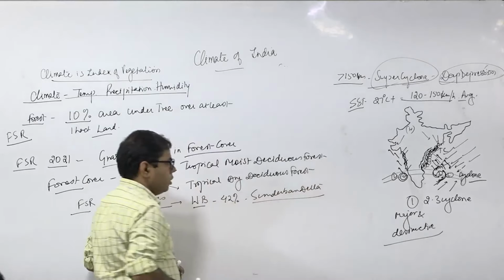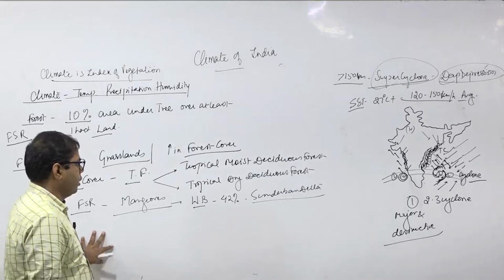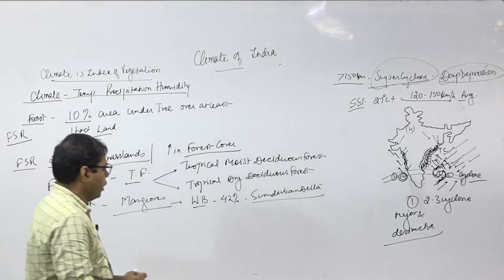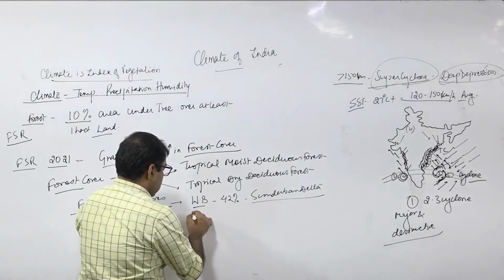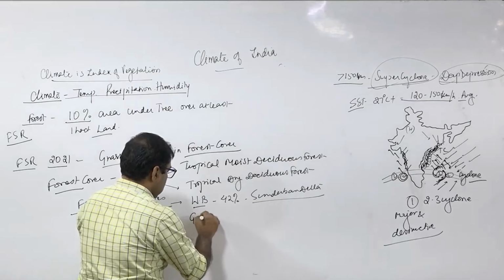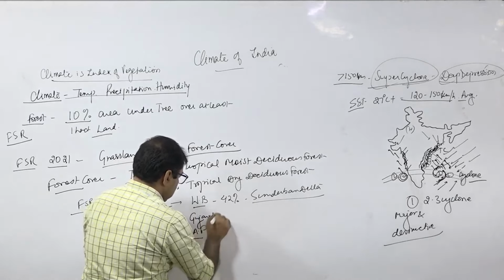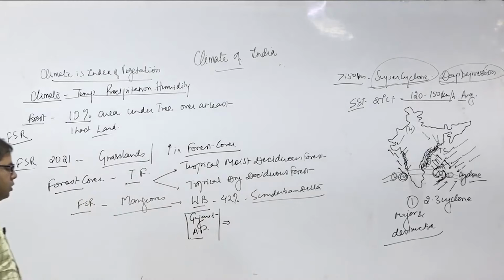It is called Sundarban because of the dominance of the Sundari tree in the forest cover, right. After that there are Gujarat and Andhra Pradesh, the states which have the maximum mangrove cover.